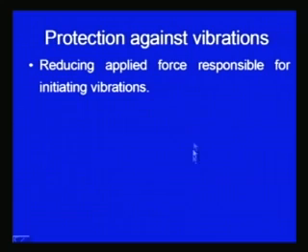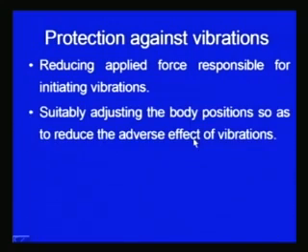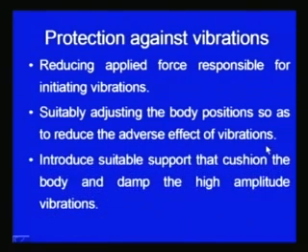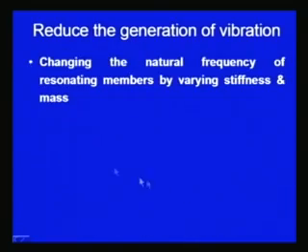To protect the human body from vibrations, we can use various strategies, like reducing the applied force responsible for initiating the vibrations, suitably adjusting the body position so as to reduce the adverse effect of the vibration, and introducing suitable support that cushions the body and damps high amplitude vibrations.